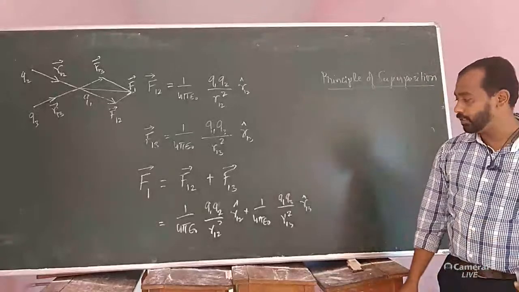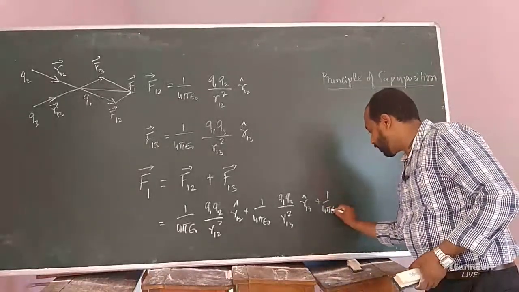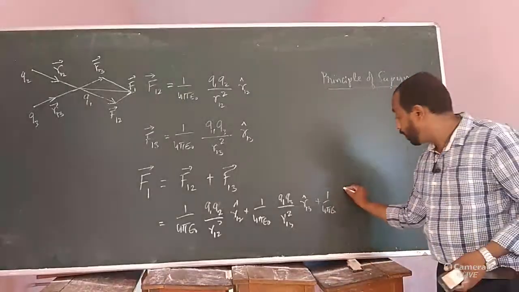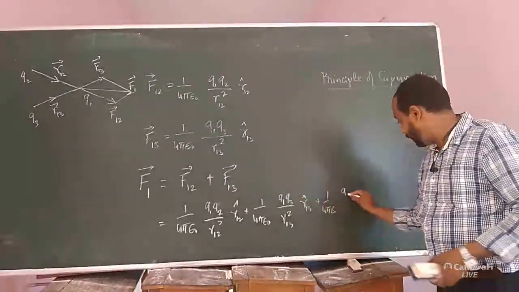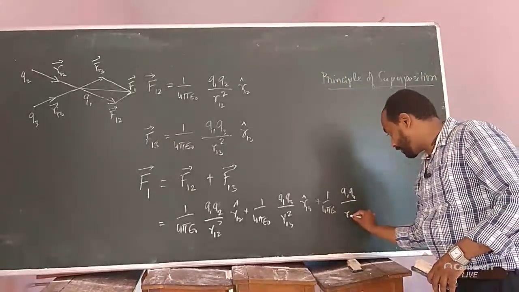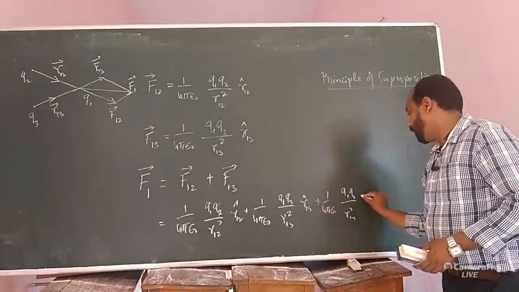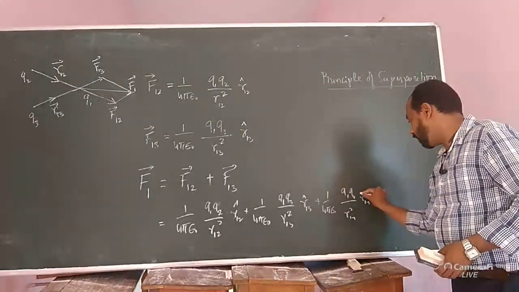If another charge is present, then we can add it: plus 1 by 4 pi epsilon naught into the charge under consideration Q1 into the fourth charge Q4 divided by the square of the distance of that charge from Q1, which is R14 square into R14 cap.